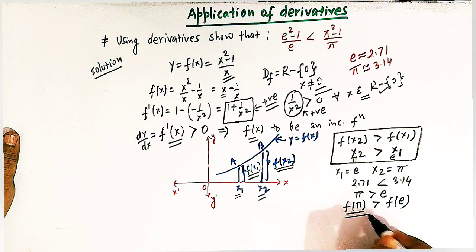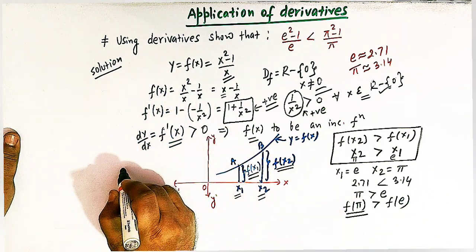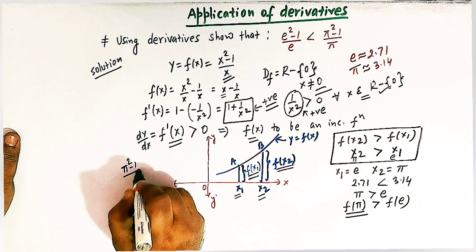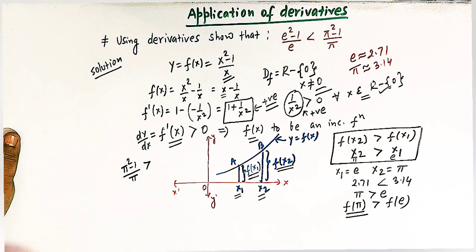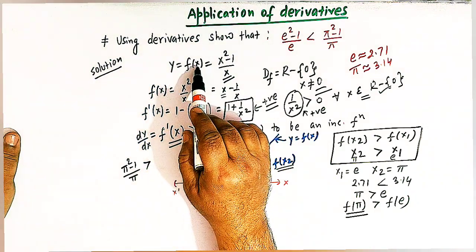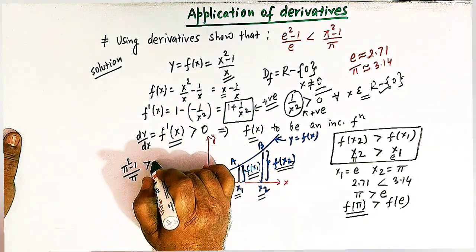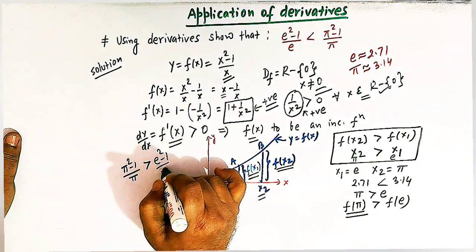f of pi can be obtained by replacing x by pi, so we have pi square minus 1 over pi, greater than f of e, and f of e can be obtained by replacing x by e in this function, so we have e square minus 1 over e.